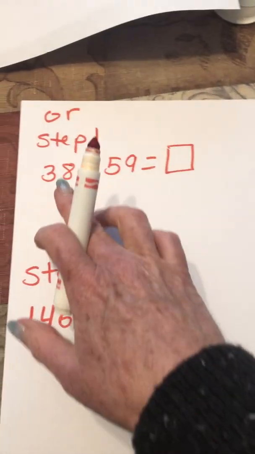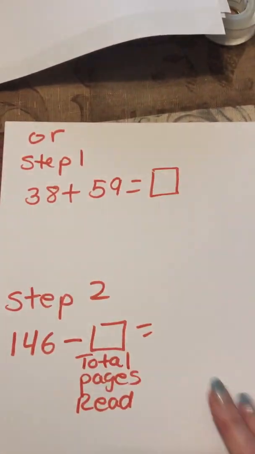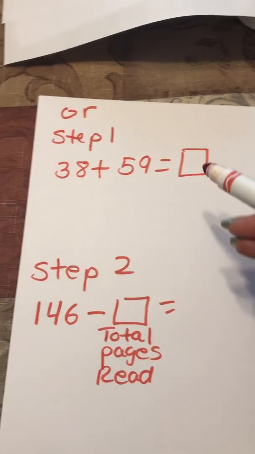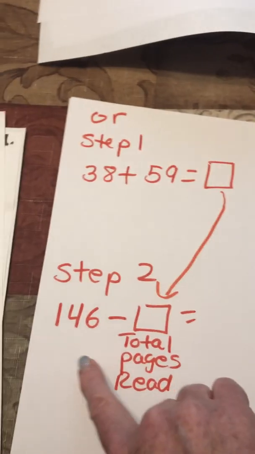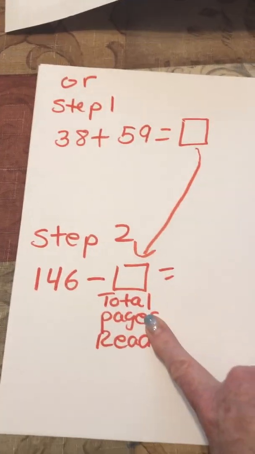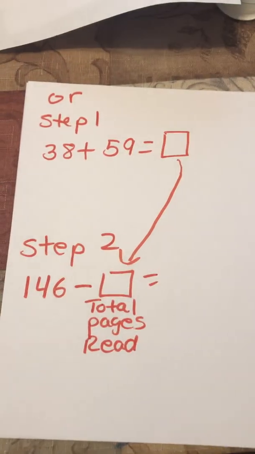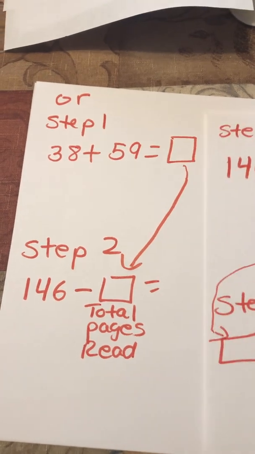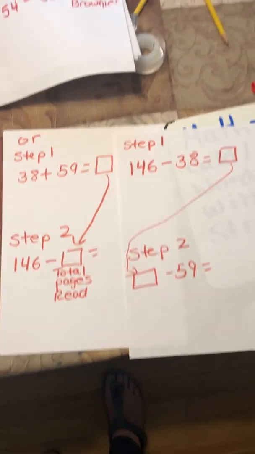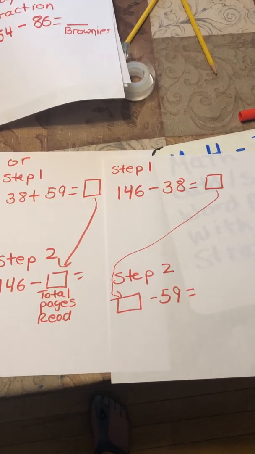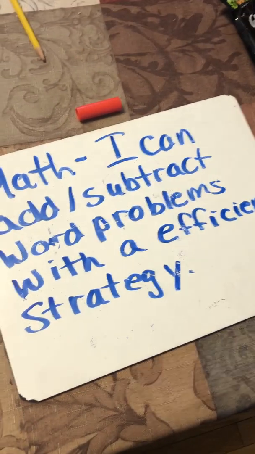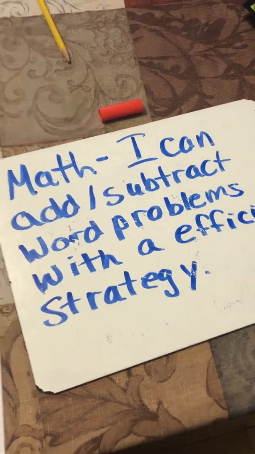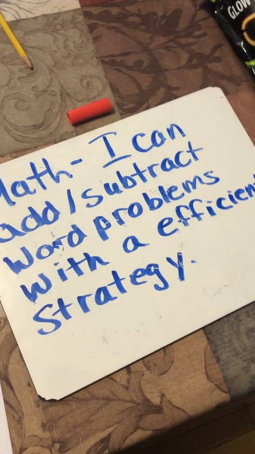Or you can add both days that she read together and subtract. Then the second step would be taking your total from here and subtracting it from your whole. 2 steps. So again, you can add and subtract in word problems using an efficient strategy.